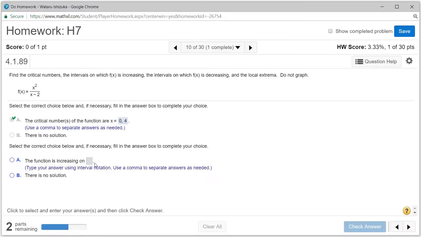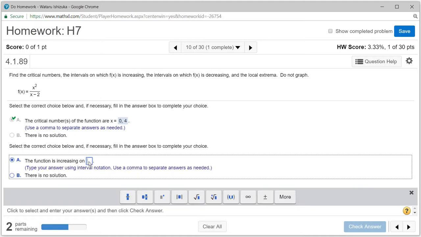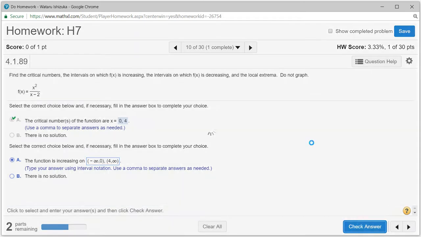So let's put it in. The function is increasing from negative infinity to 0, comma, and then 4 to positive infinity. Let's use a comma to separate. Let's check the answer.